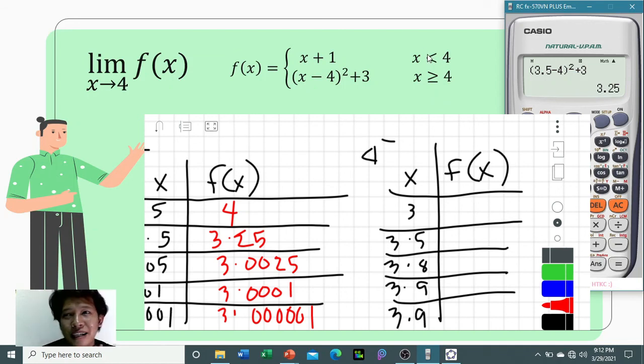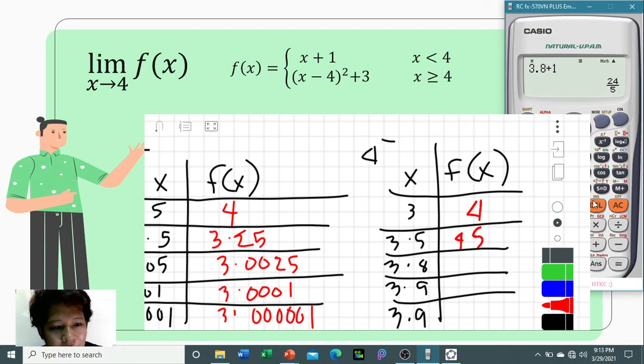Okay? Now, on the piecewise function that we have here, alin naman dito yung part na kung saan nasa left ng 4 daw yung value ni x. So that would be x is less than 4. So ang gagamitin po natin na part would be x plus 1. Okay? So that would be 3 plus 1 for our first part. So that would be 4. And then we would have 3.5. That would be 4.5. And then we have 3.8. So that would be 4.8.